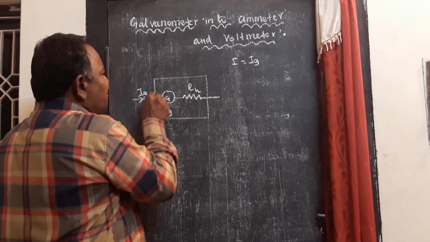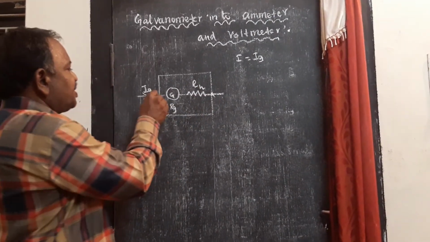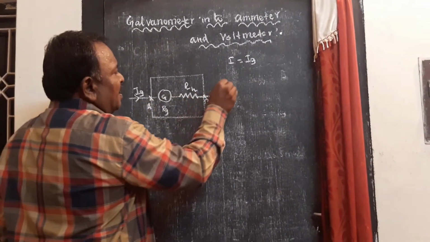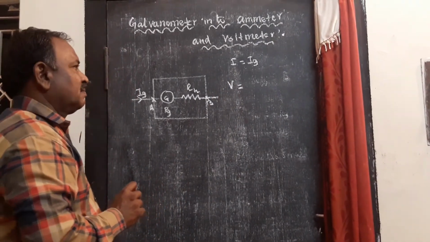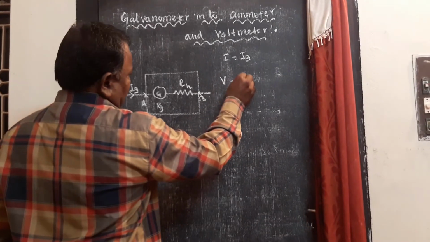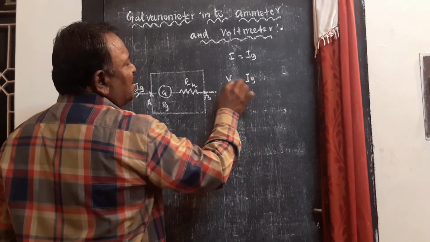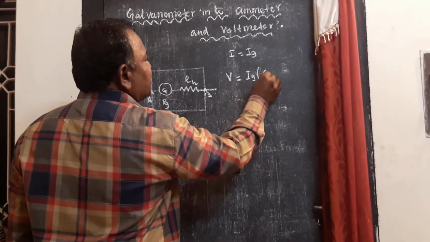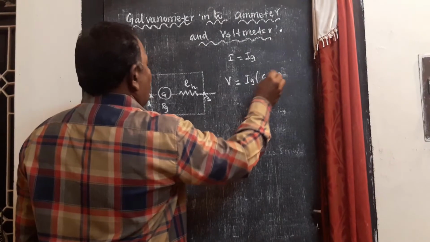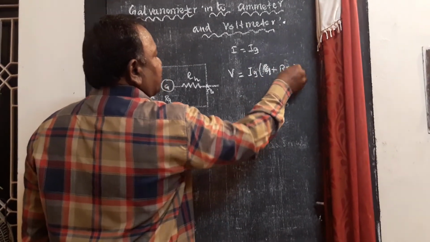If V is the voltage across the two points A and B, then V is equal to IR, that is Ig into (Rg plus RH).